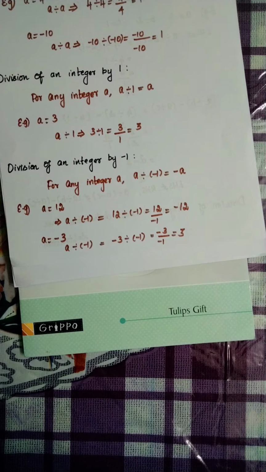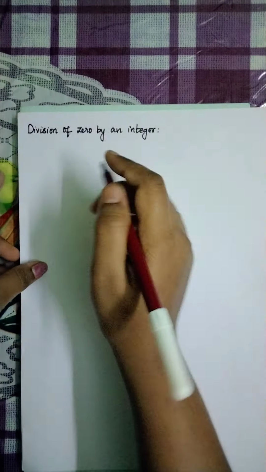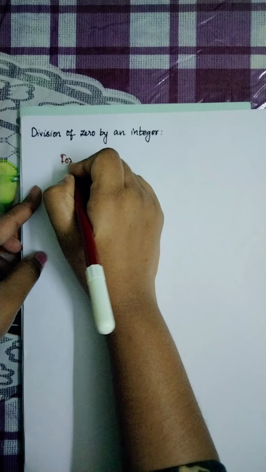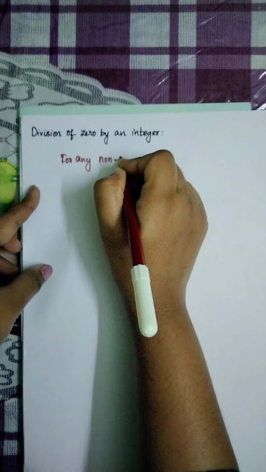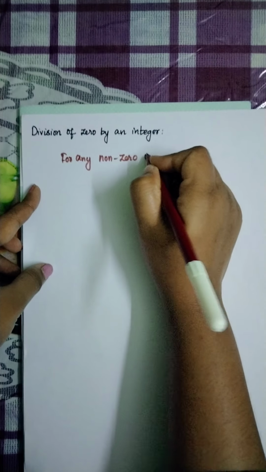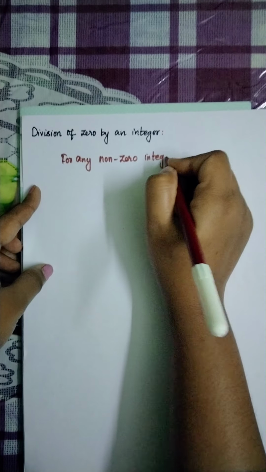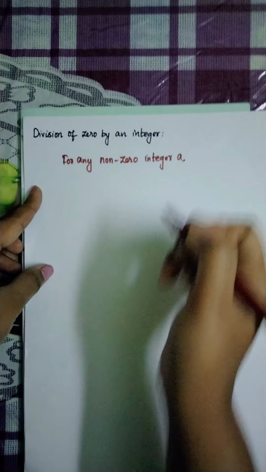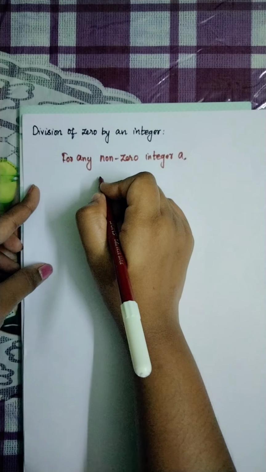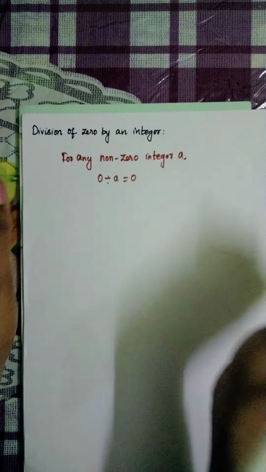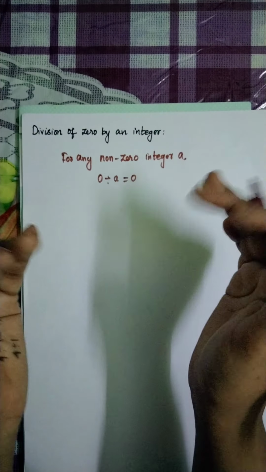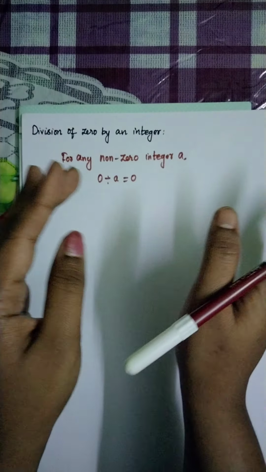Understand? Our next property is division of 0 by an integer. Listen. For any non-zero integer a, 0 divided by a is equal to 0. If the numerator is 0 and you are dividing by an integer, the final answer will be 0.